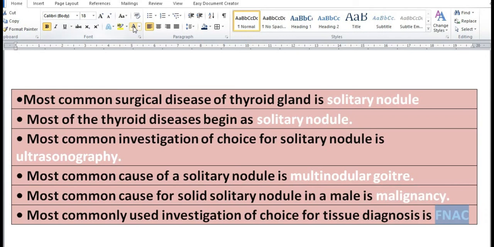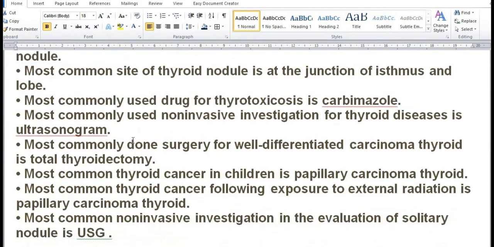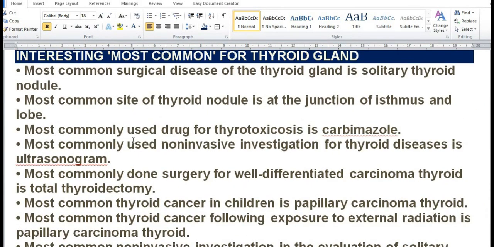Most common investigation of choice for tissue diagnosis, it is FNAC. Other things that are important are most common surgical disease of thyroid gland, it is solitary thyroid nodule. Most common site of thyroid nodule, it is at the junction of isthmus and the lobe.